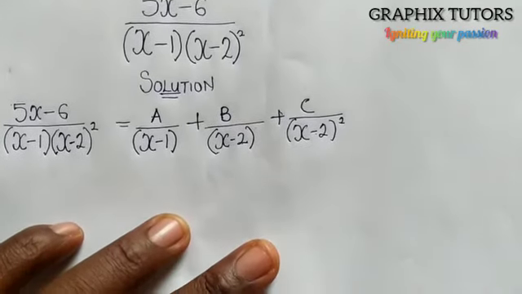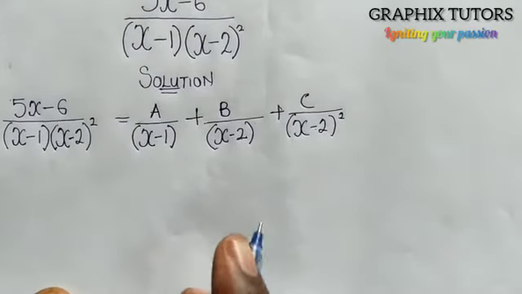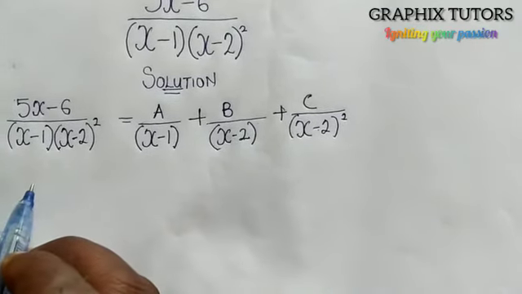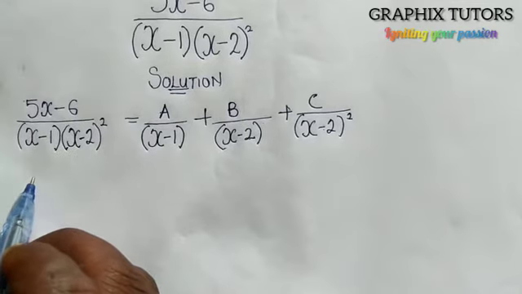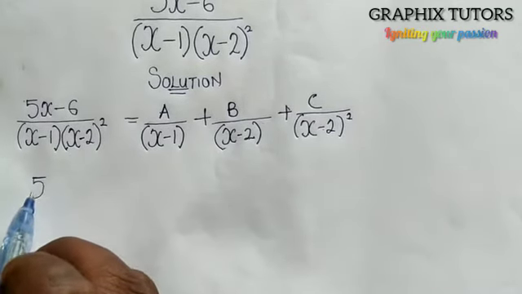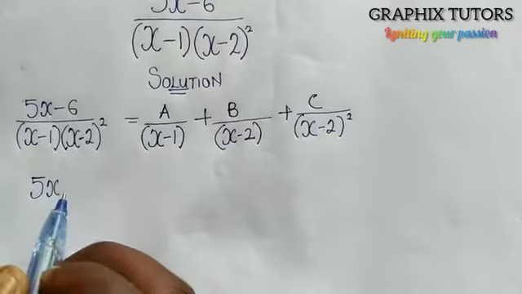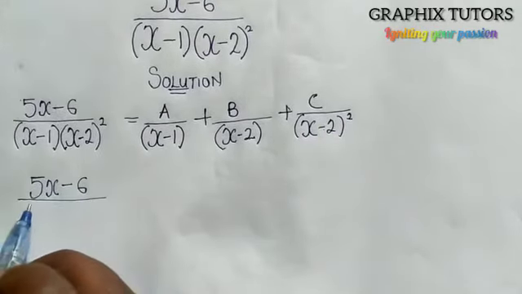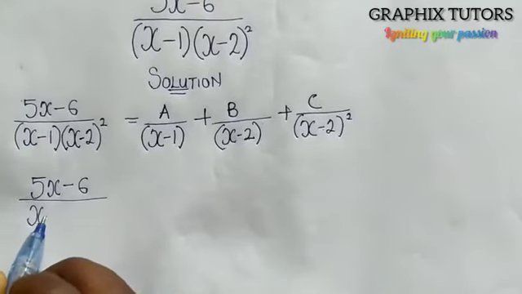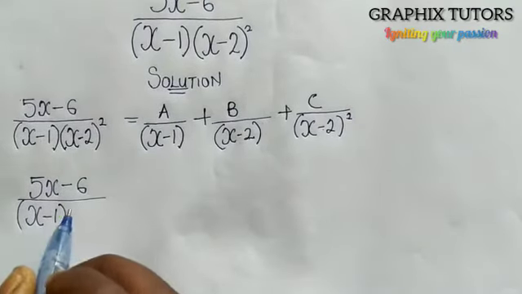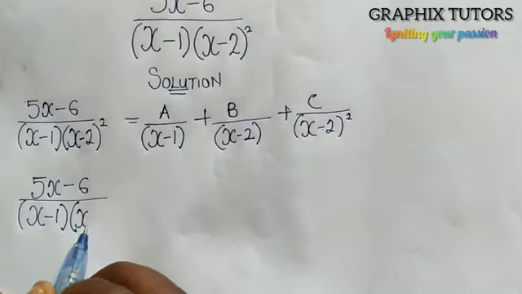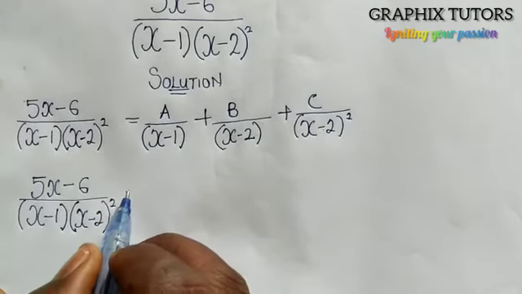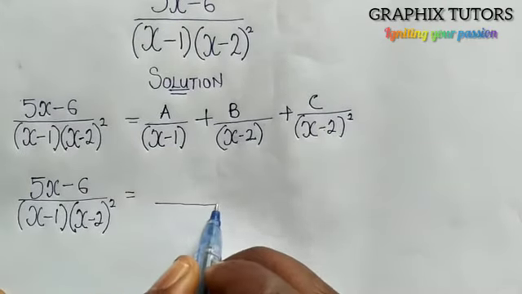Now the next thing you do is to write the LCM. So I will write this back by saying 5x minus 6 all over (x minus 1)(x minus 2) to the power of what? 2, equals to, now we're looking for the LCM.